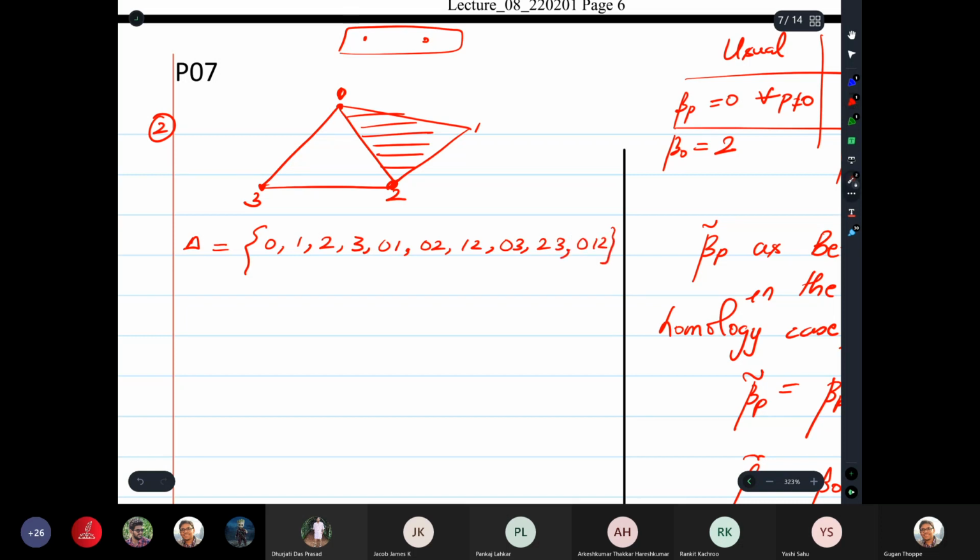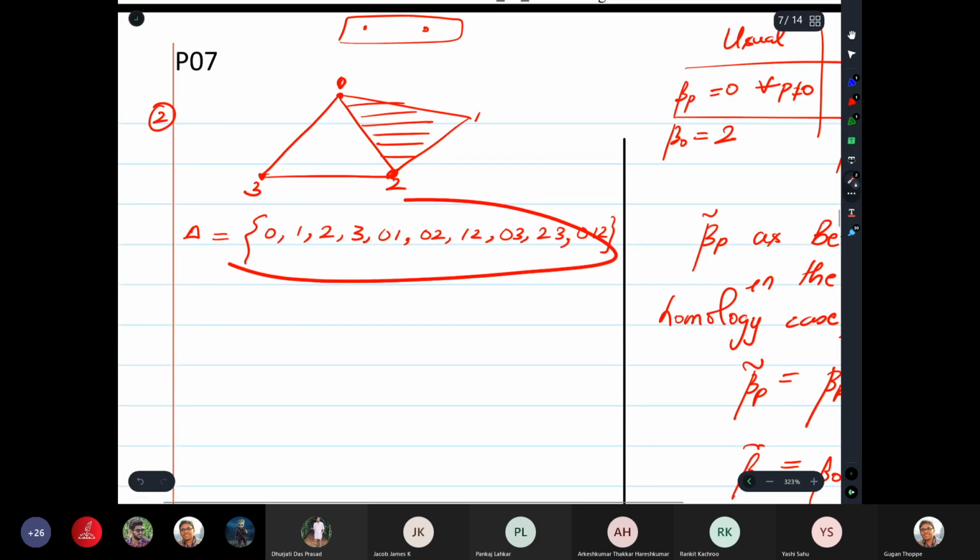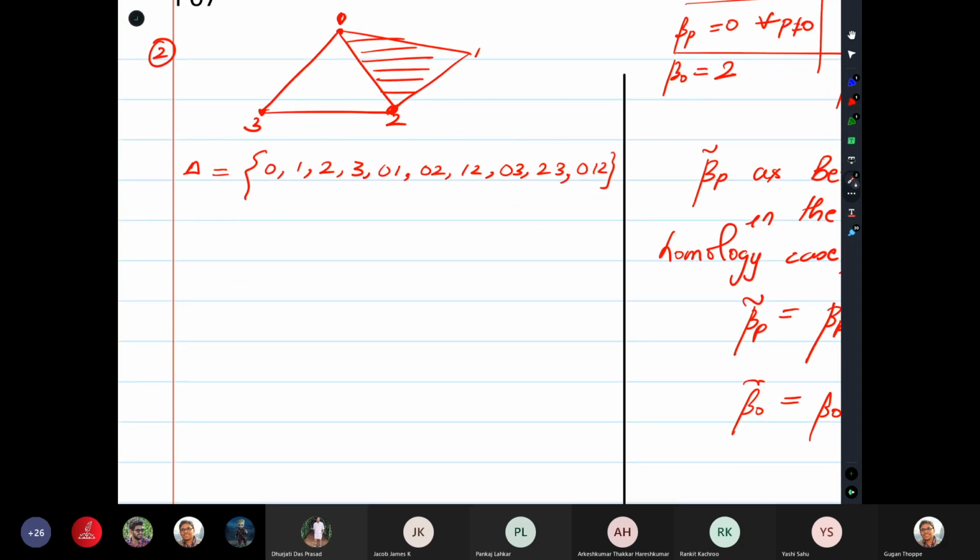So this is the simplicial complex that we have, and the question is to compute the homology of this simplicial complex. As you can see, there is one hollow hole over here, and then there is one filled hole over here. If someone asked you to guess how many holes of dimension 2 are here, I hope you agree that, based on this hollow region, your answer would be 1.